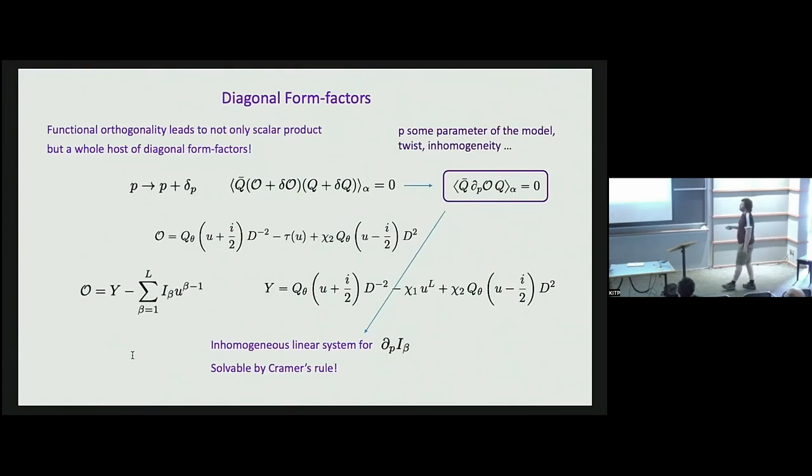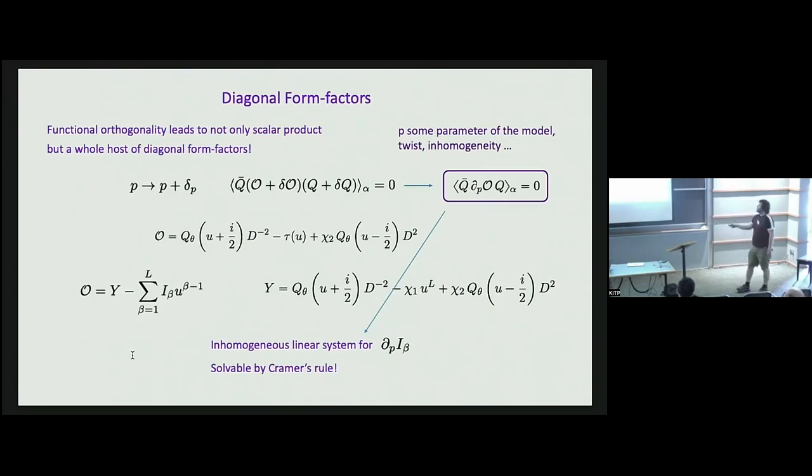Okay, and shift this parameter by some small amount delta p. So when you do this, all of the objects you have in the model are also going to get shifted. So the q functions will be shifted by some amount. So q will now become q plus delta q. But also the Baxter operator, which encodes the integrals of motion, will also shift. So O will now become O plus delta O. However, O plus delta O acting on q plus delta q is still 0.